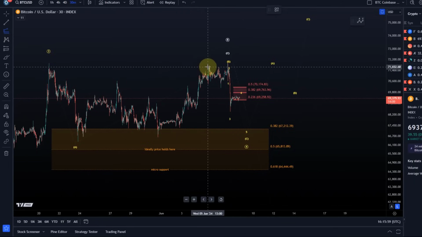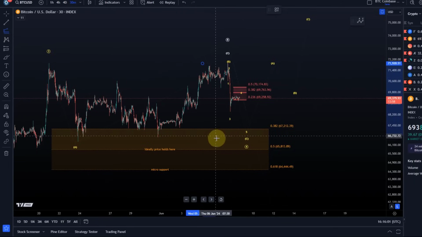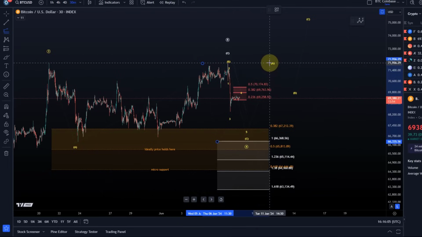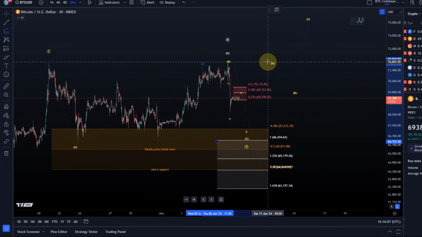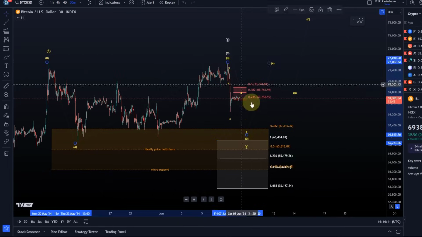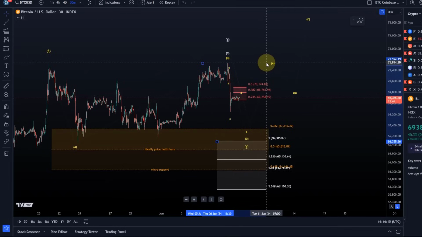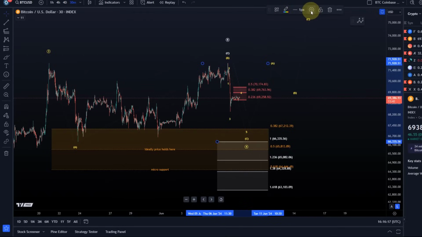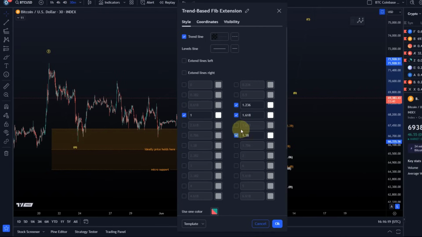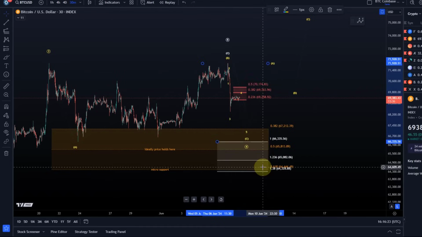We take the length of wave A, and go to the high of the wave B. This is a common way of doing it. And just because the 100% extension level is a key target, okay? It's not the only target.